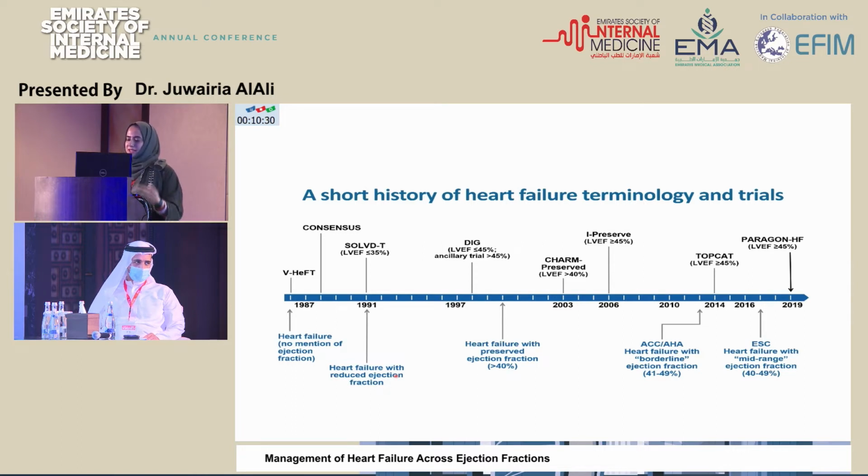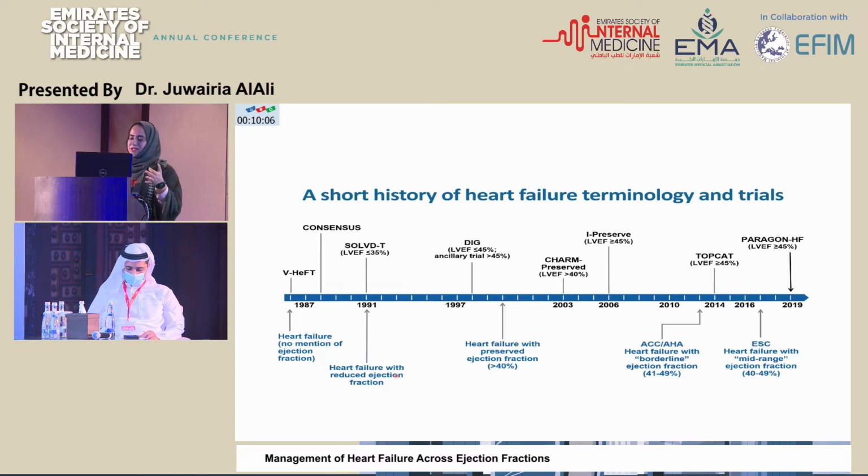And then more studies came up. Around the year 2013, we decided that not all of them are the same. We have lots of evidence for patients with ejection fraction less than 35. We do not have much evidence for the patients in the middle range, between 40 and 50. And then we have a different clinical entity with an ejection fraction more than 50.